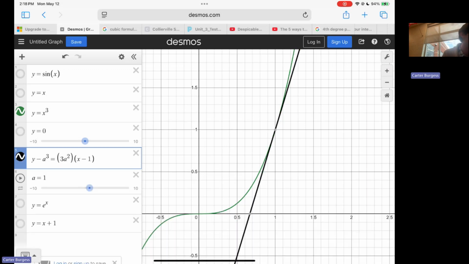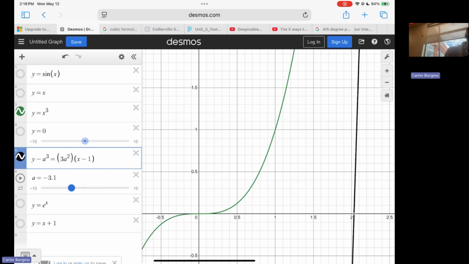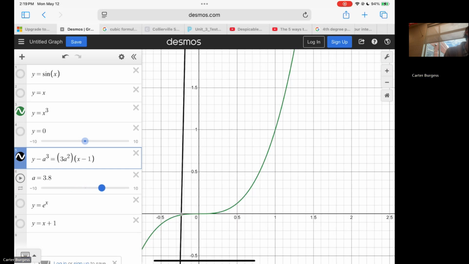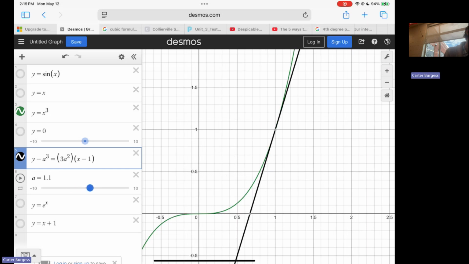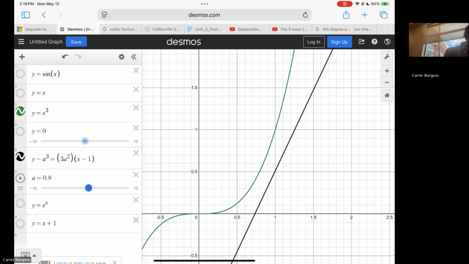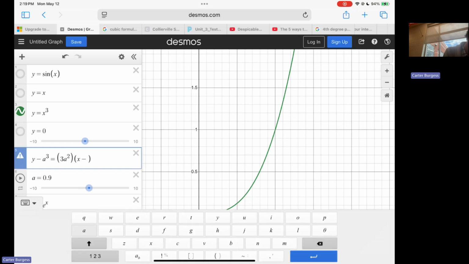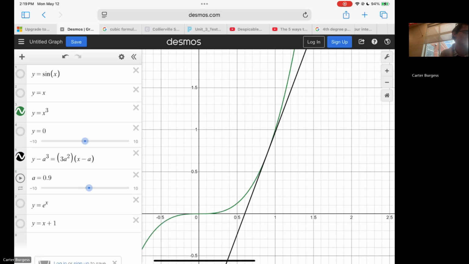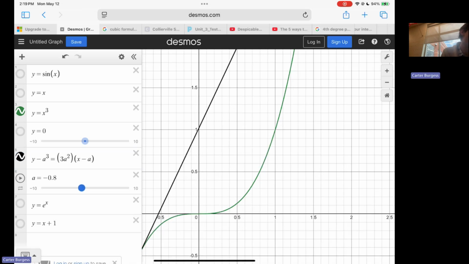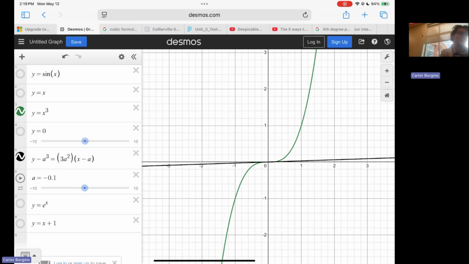If I add in a slider for a, you'll notice that... What did I do wrong here? This should be x minus a, sorry. x minus a. There we go. You'll notice that this is really cool.